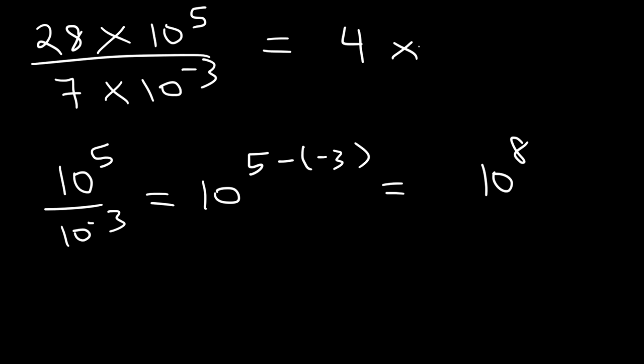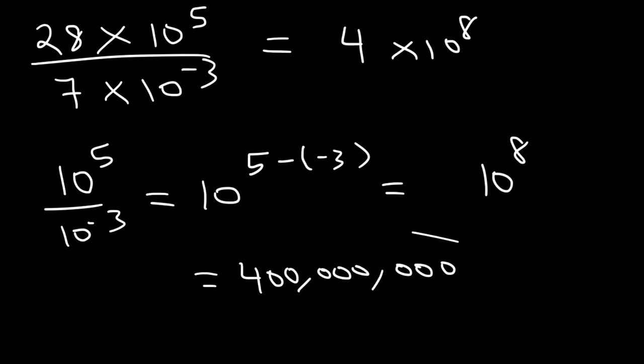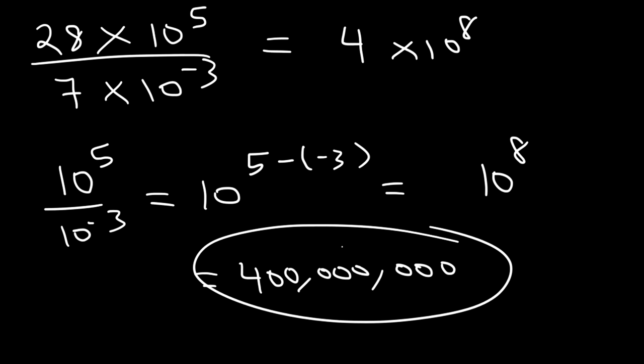So this is 4 times 10 to the 8. Now we know 10 to the 9 is 1 billion. That means 10 to the 8 is 100 million. So 4 times 100 million is going to be 400 million. So that's 4 times 10 to the 8.